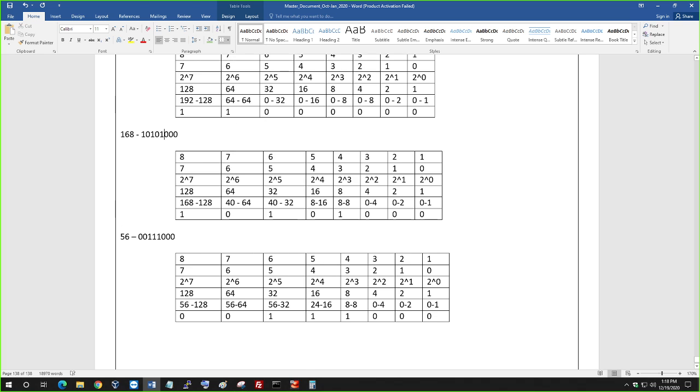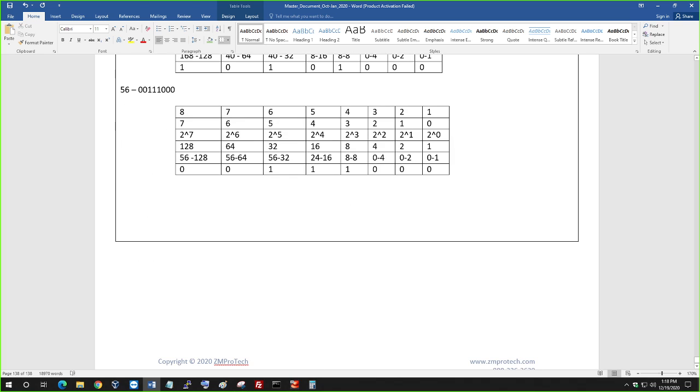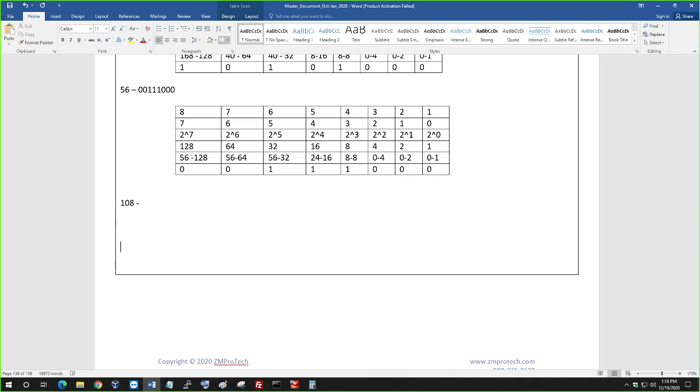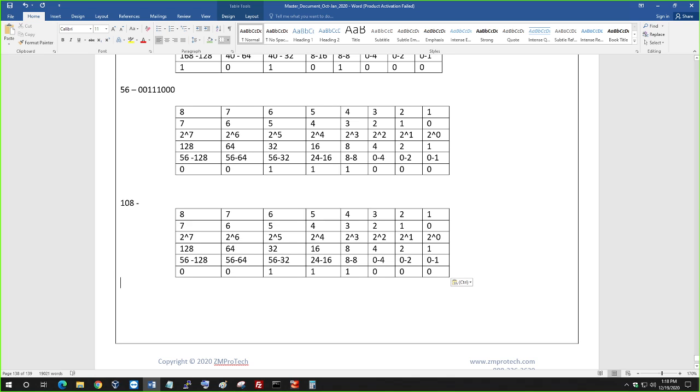All right, so our last number is 108. I'm going to copy this box again and delete this, and I have 108 minus 128. That's not possible, so let's go to the next one.